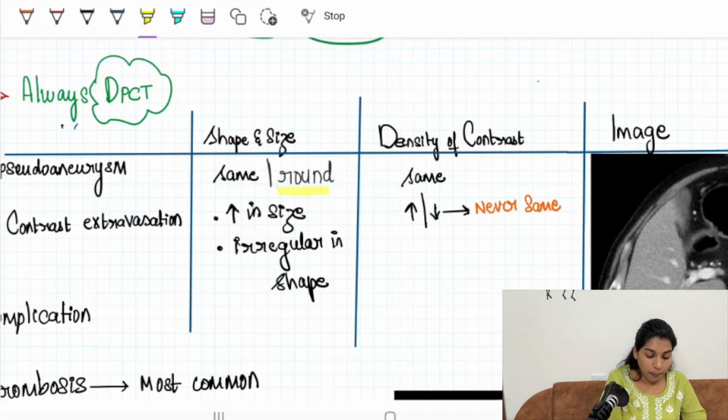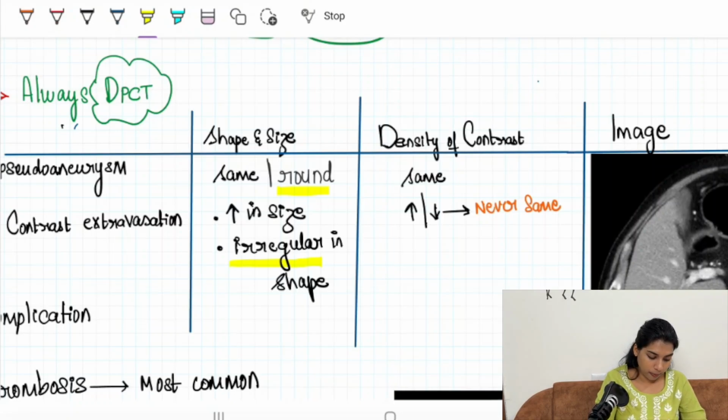A pseudoaneurysm is typically round in shape, and on an arterial phase and a venous phase, the size remains the same on both phases, right? In contrast, the shape of a contrast extravasation is irregular, and from arterial to venous phase, contrast extravasation will show an increase in size.